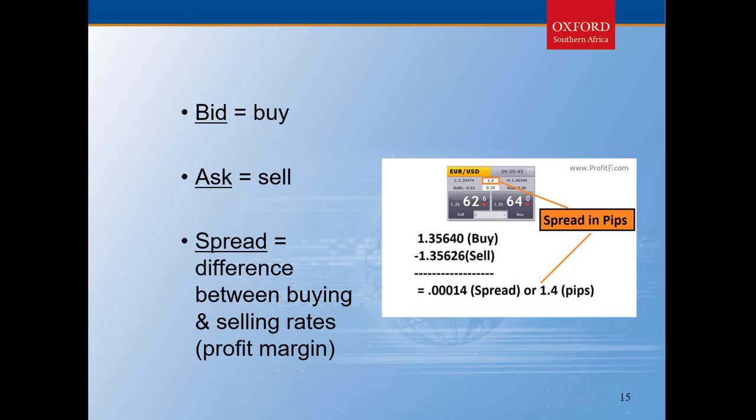So it is a way of them creating some profit out of the transaction. The price that they buy at, they need to sell it at a profit. Vice versa, they will buy it back from you at a lower price than they will sell it to you. So the spread is the difference between buying and selling rates for different currencies, or the profit margin that your currency trader or bank generates from a financial transaction.